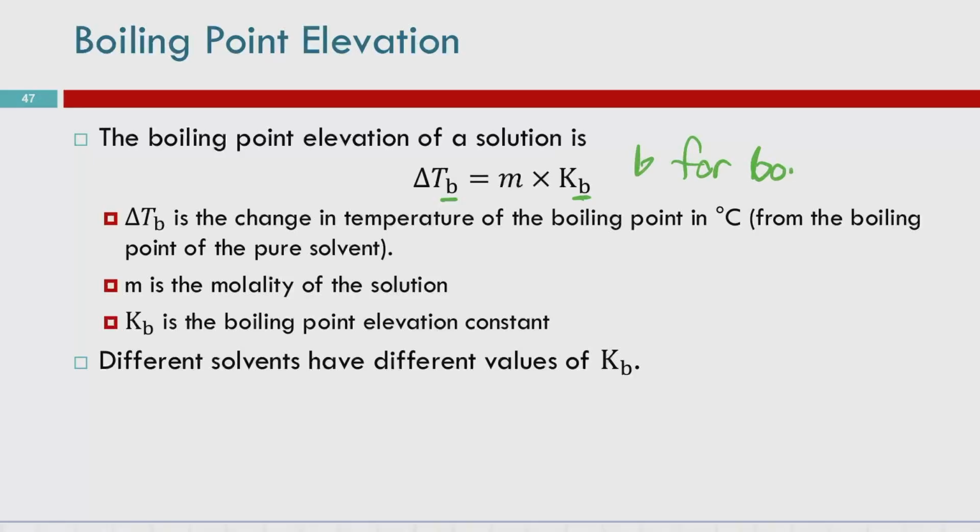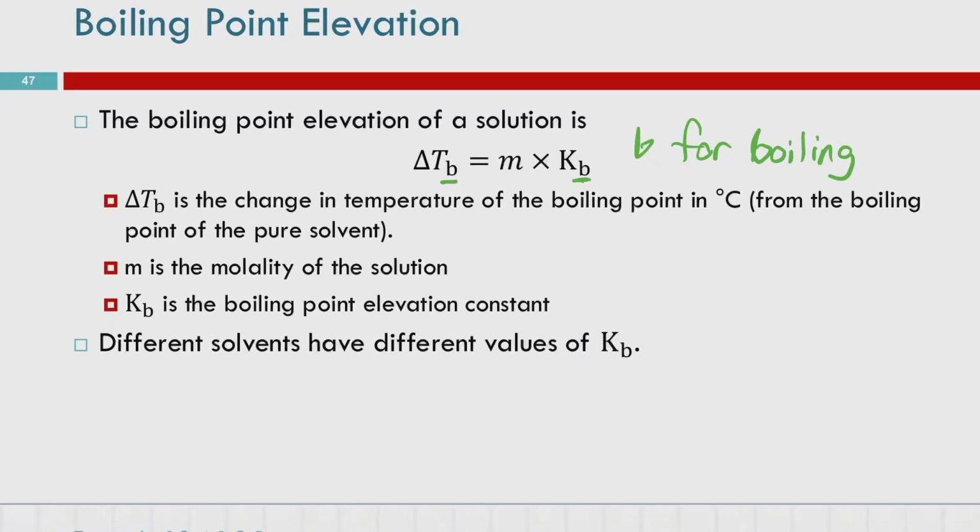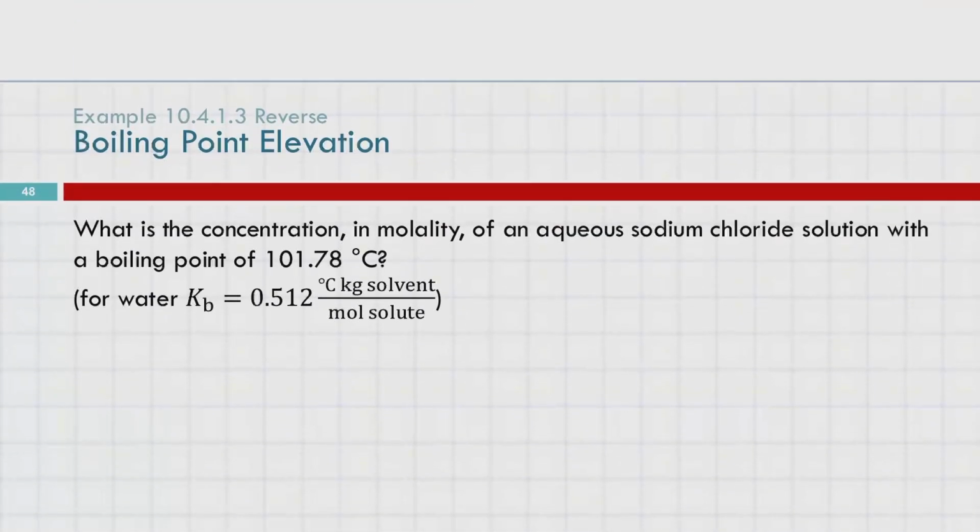B for boiling point elevation. Otherwise, it's basically the same. We are using a different constant, though, and so you have to have a value for that constant. All right.